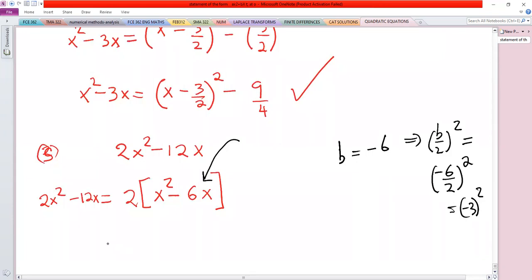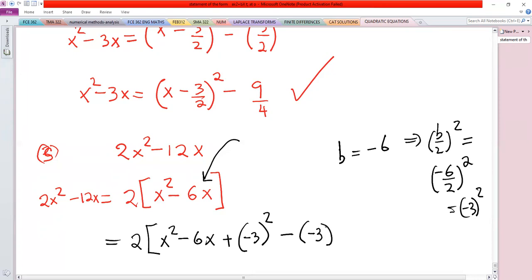So you write this one as 2 into x squared minus 6x plus (minus 3) squared. But then I have to remove it so that I don't interfere with the original value of the expression.